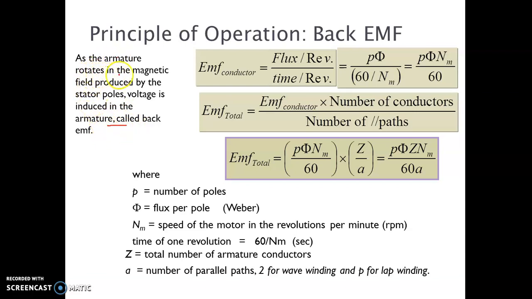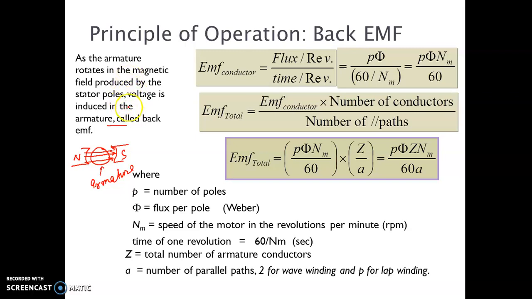This is your armature, and it is being rotated in the magnetic field, north and south. So what will happen? Induced EMF will be produced in the armature winding. This is called back EMF.